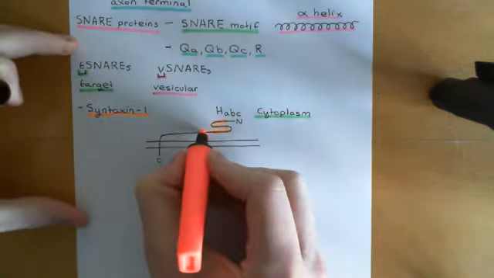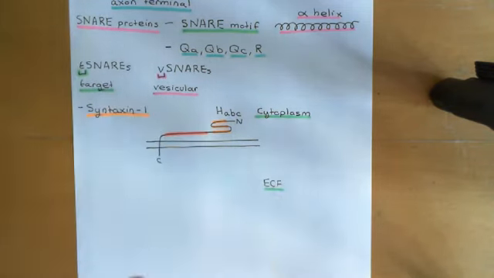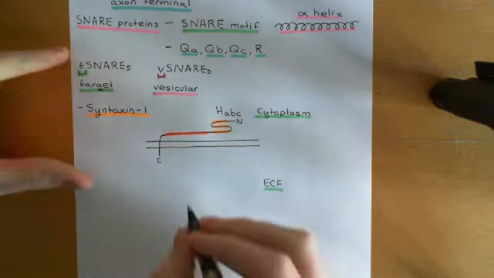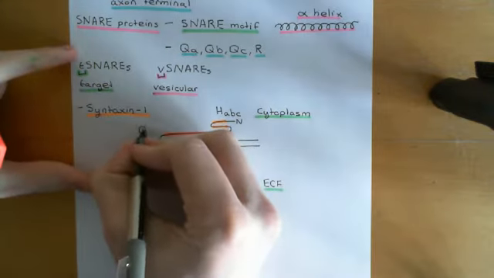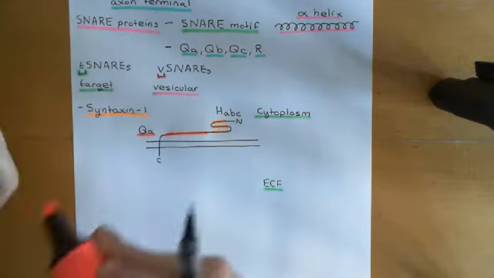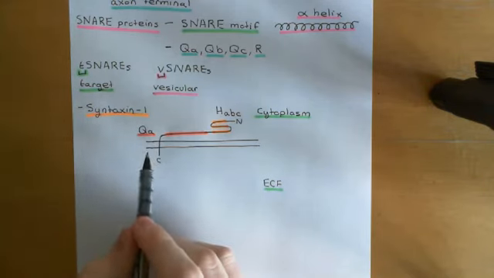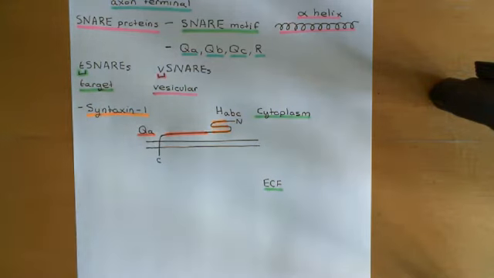Then after the HABC domain, you have the much bigger alpha helix, which is really important, which is a snare motif alpha helix. And this specifically is a QA type snare motif represented in red here. Then of course you'll have another alpha helix, which will be the membrane spanning alpha helix there, but I won't colour that in.